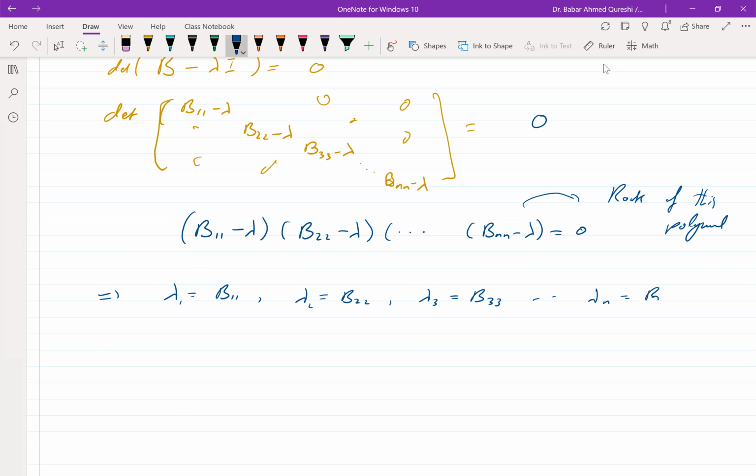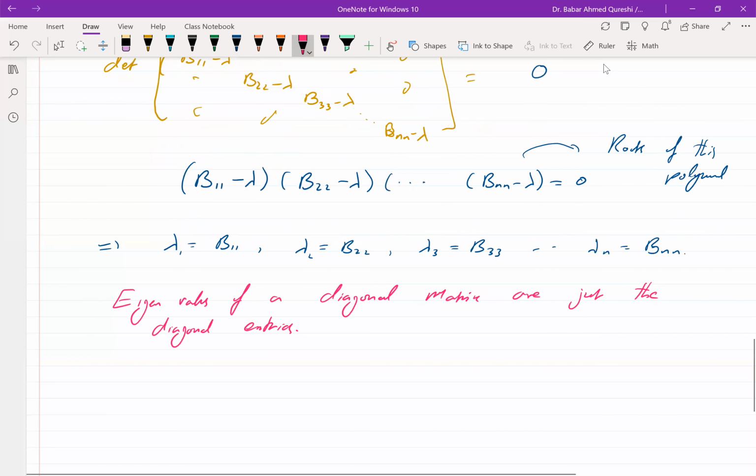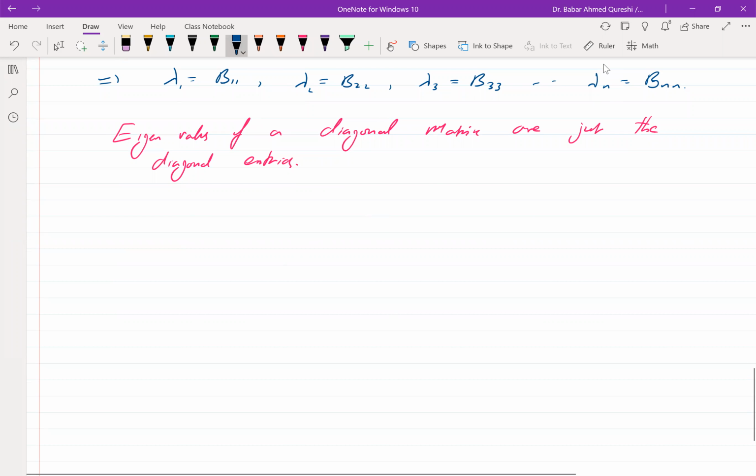Until Bnn. So that means eigenvalues of a diagonal matrix are just the diagonal entries. So this means that in this diagonal decomposition, whatever I argued before, I have claimed that these eigenvalues appear over here.